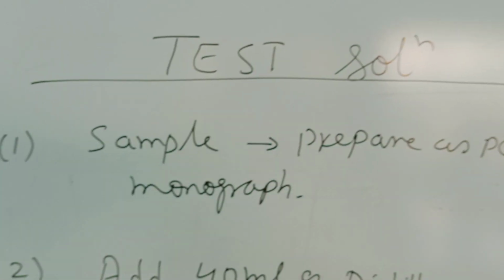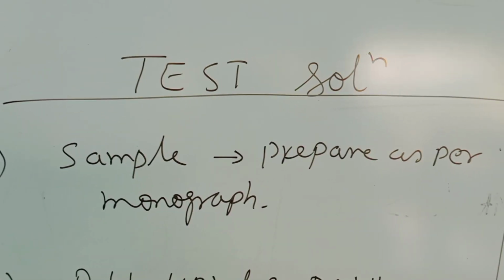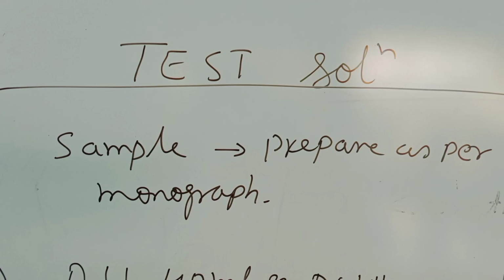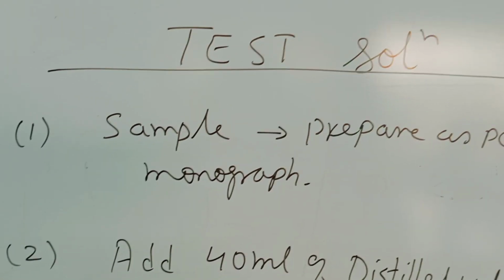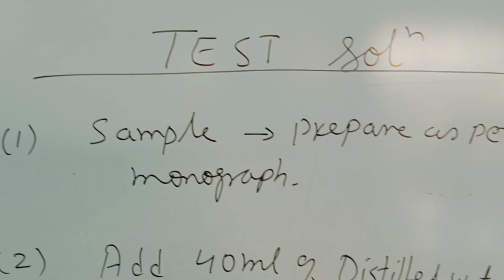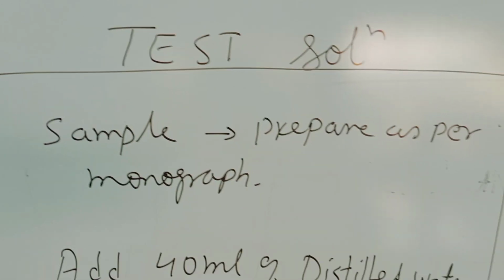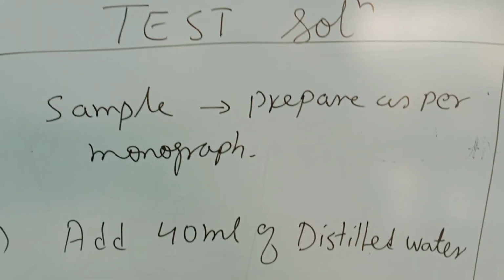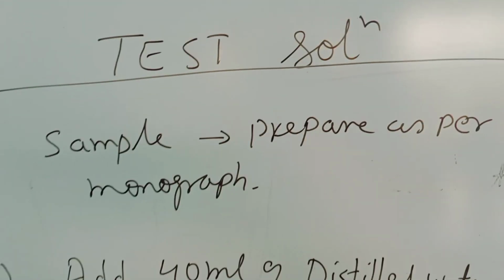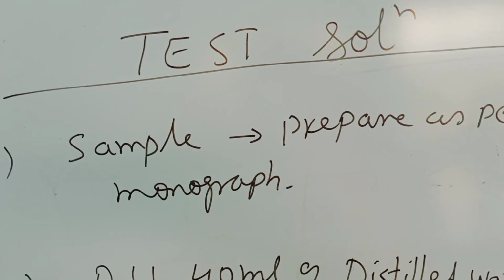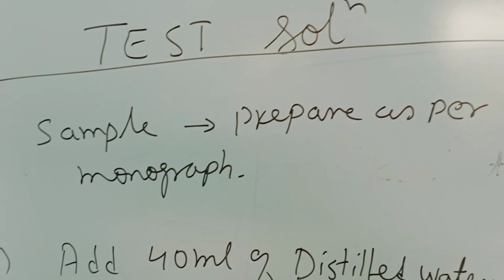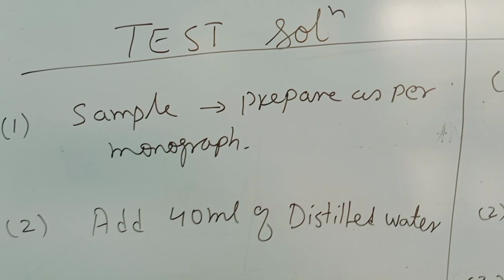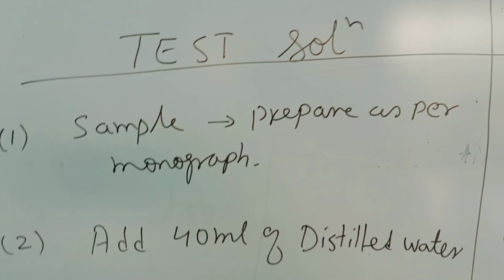So a definite quantity of sample which was measured is dissolved in a particular solvent; that solvent can be water or any other solvent which is mentioned in the monograph. The sample must be dissolved in that solvent, and then transferred into the Nessler cylinder.